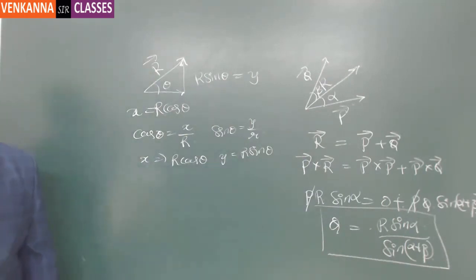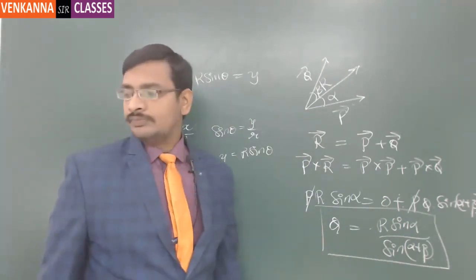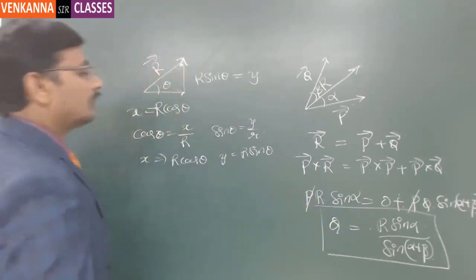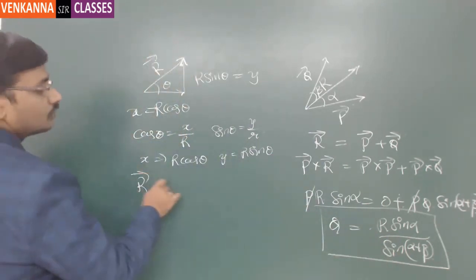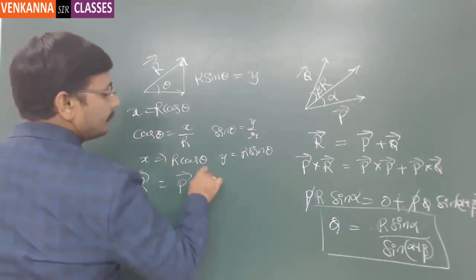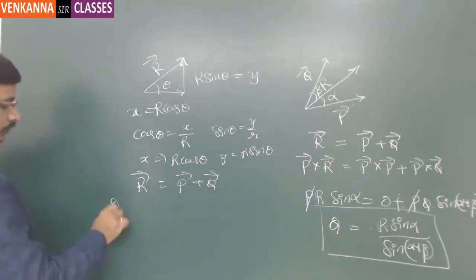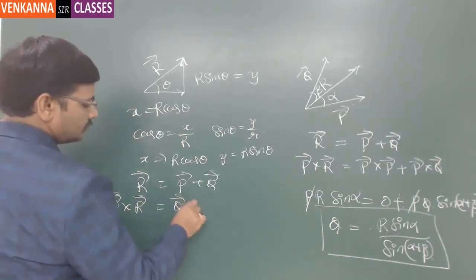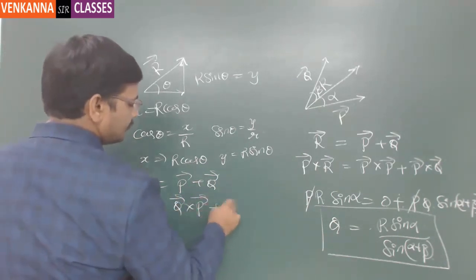This is how you can find the unknown value of q: r sine alpha divided by sine of alpha plus beta. Now, taking r equals p plus q, take the cross product with q: q cross r equals q cross p plus q cross q.